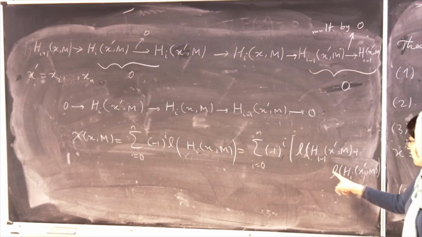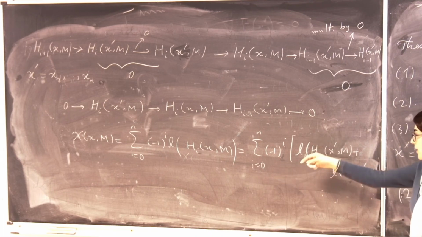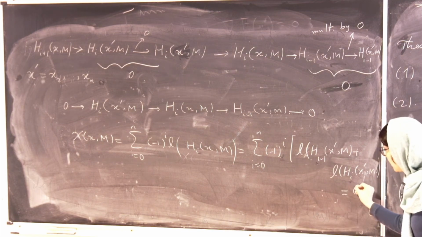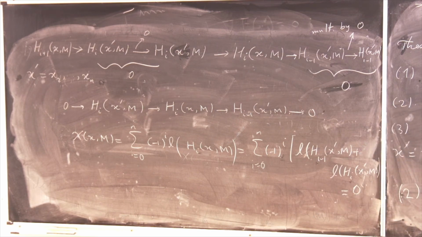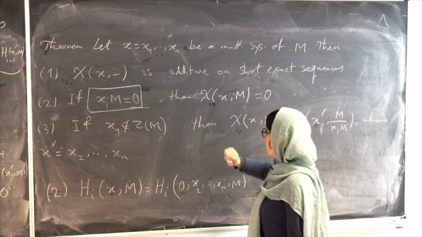But here I have i minus 1, here I have i, and this is an alternating sum, so all the terms cancel, and I will get 0. So this is the proof of this part, why chi is 0.